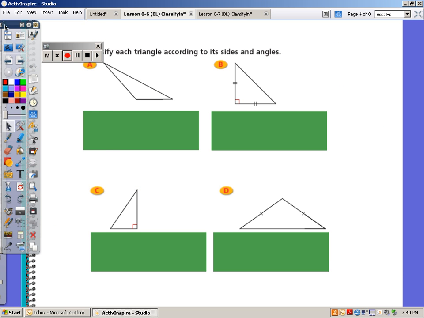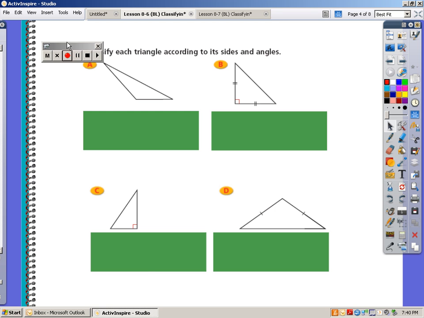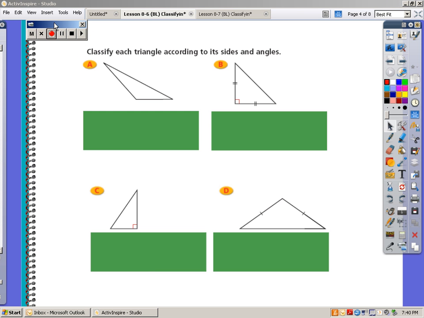Alright, now we're going to practice a little bit using your chart. Okay, you're going to classify each triangle according to its sides and its angles. This is what I was talking about. There are times that you have to do both. So I want you to look at A. I see here that there's an obtuse, and these two must be acute. So I know it's an obtuse triangle.